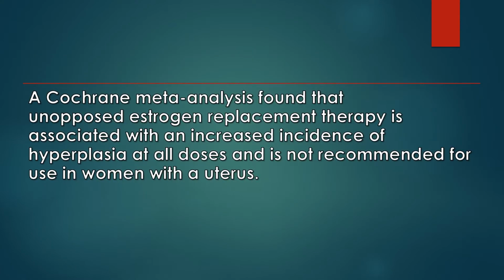A Cochrane meta-analysis found that unopposed estrogen replacement therapy is associated with an increased incidence of hyperplasia at all doses and is not recommended for use in women with a uterus.